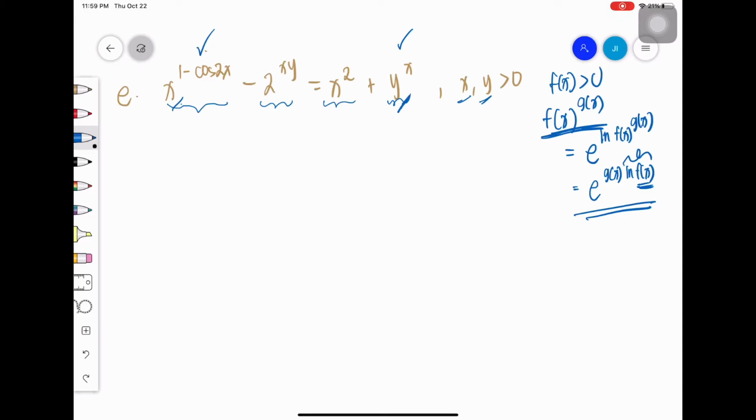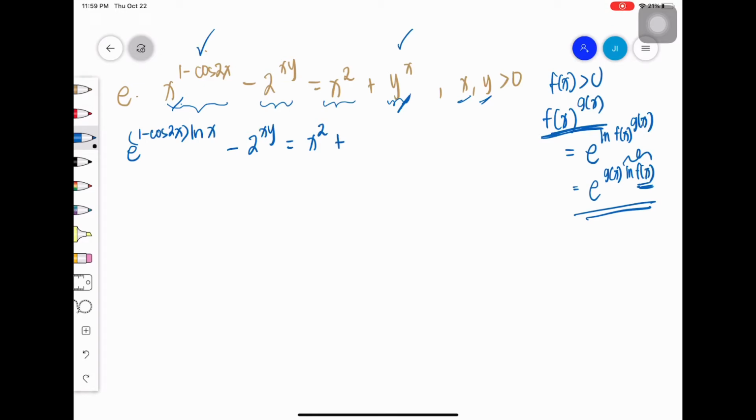We'll have e raised to 1 minus cosine of 2x, tama, ln of the base x for the first term, minus this thing as is, because we know the derivative of a raised to u, tama, equals x squared as well, because we know how to differentiate via power rule.